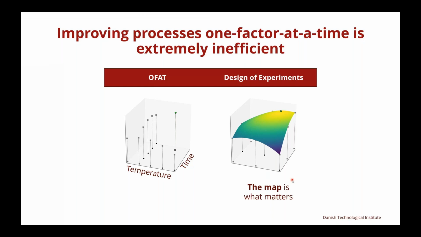And the focus of DOE is really on the map, or the model in technical terms, right? So this data set of 9 data points was designed in a much more productive fashion than these 9 data points. Same amount of work, but a much more productive result, right? So that's just to set the stage of why we're doing this.